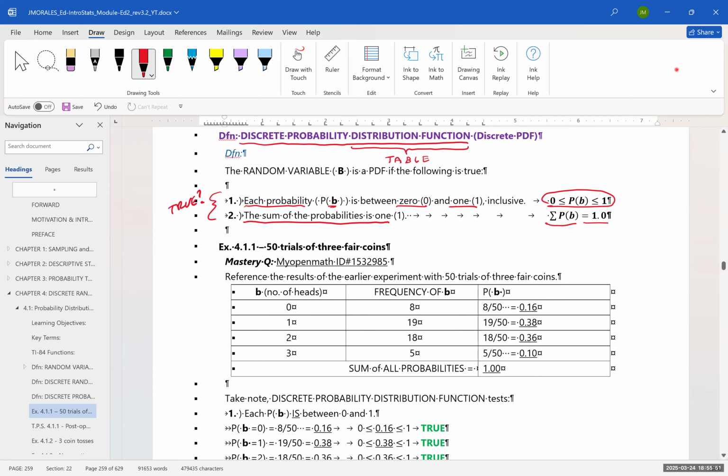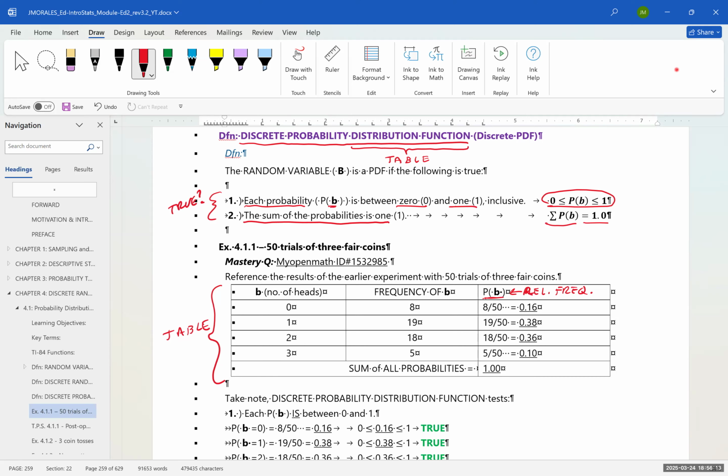So in our previous example, we had a discrete probability distribution function, which again takes the form of a table. And here I had put that this was relative frequency, right? But this turns out to be the probability.